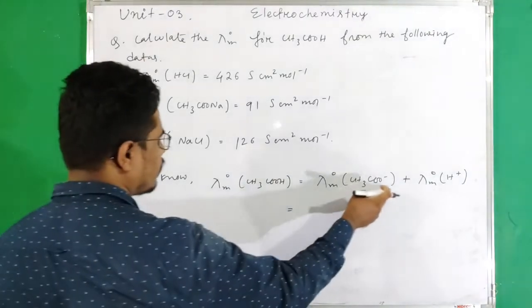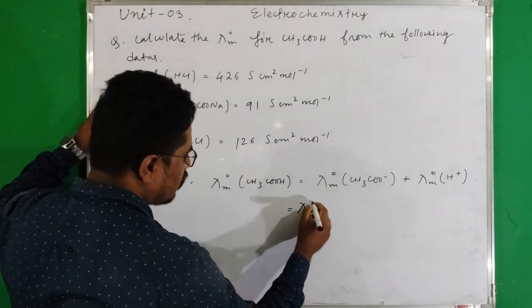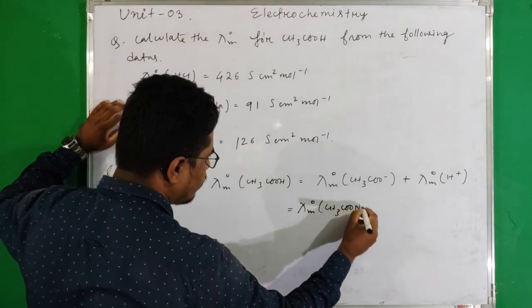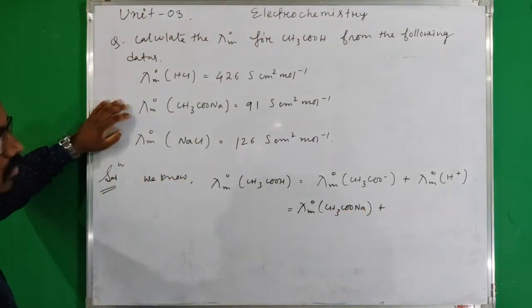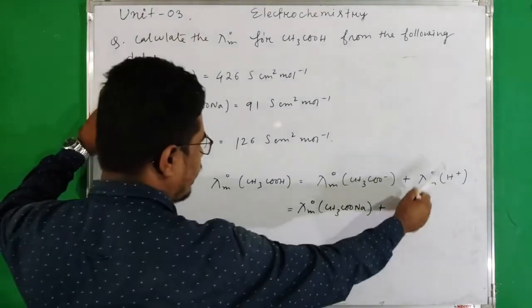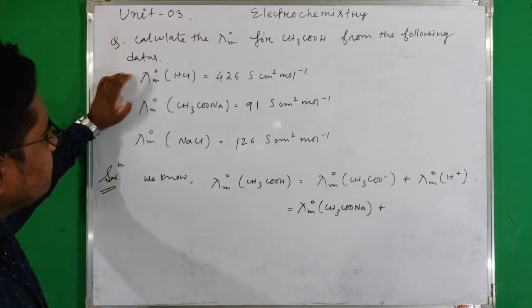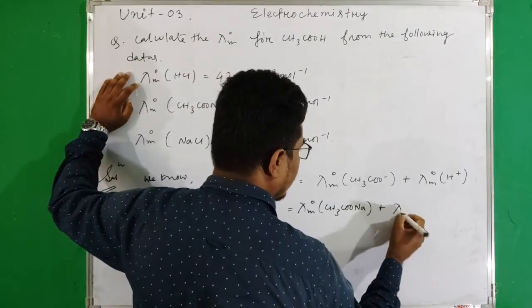So for acetate ion we put lambda m naught of sodium acetate, and for H positive ion we put lambda m naught of HCl.